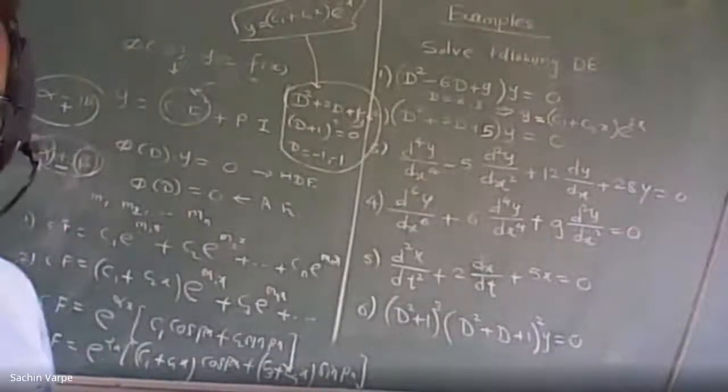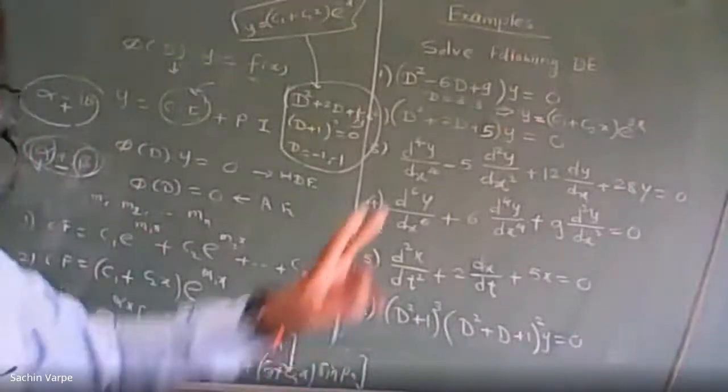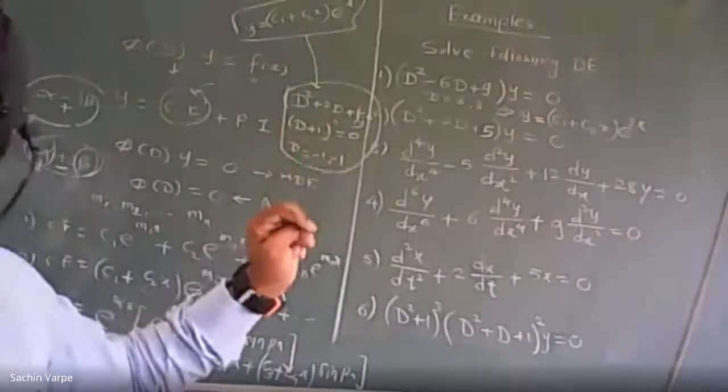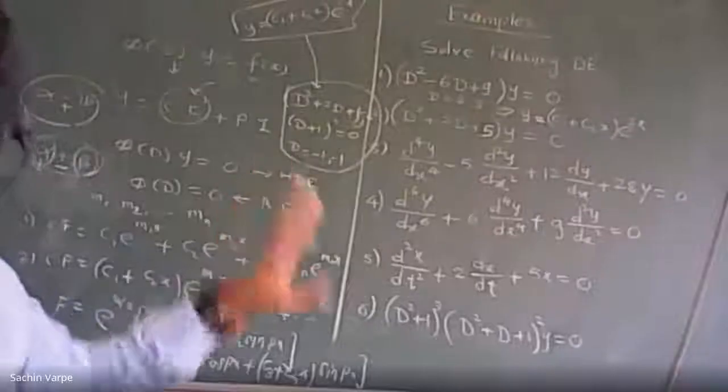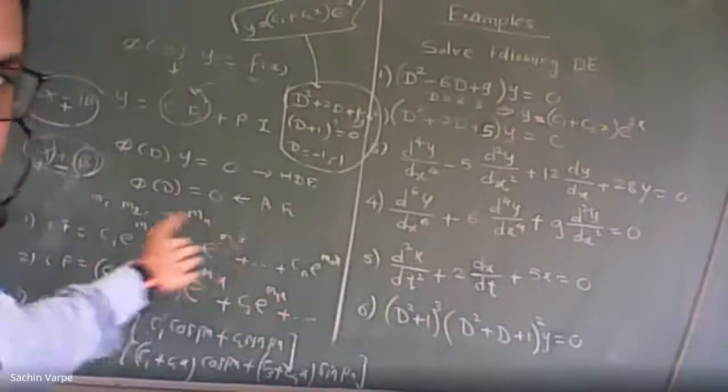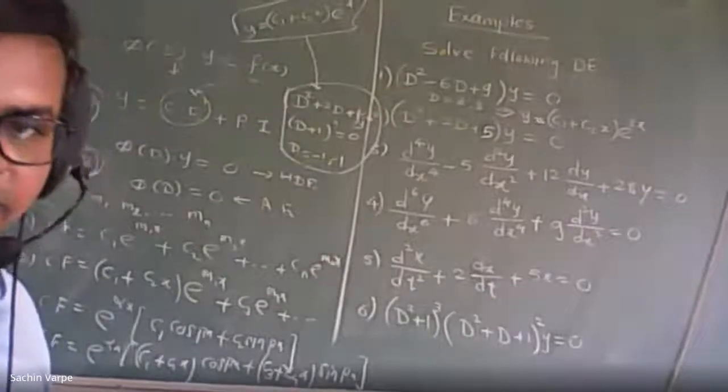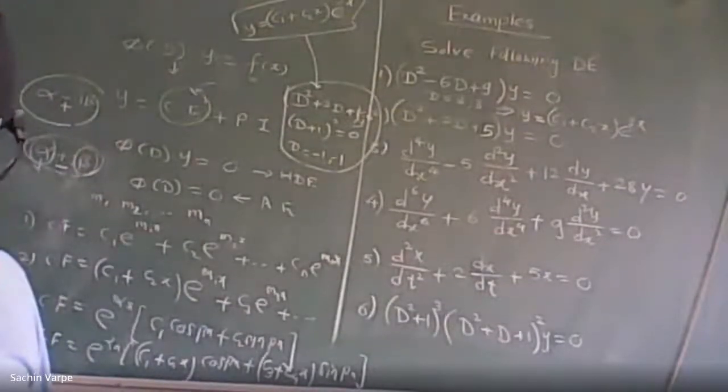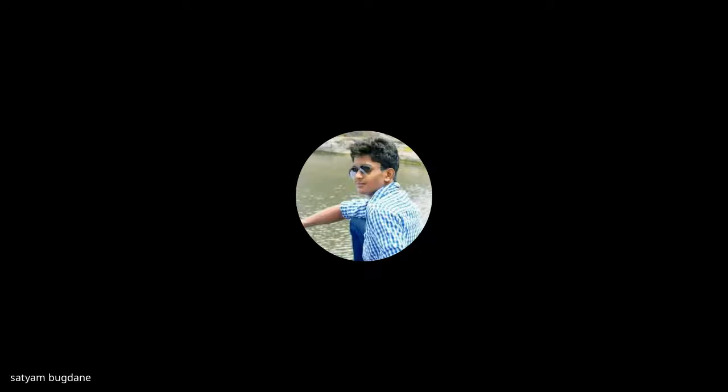So we must have two roots only, and those roots are 3. Two roots, yes, sir. So there must be two arbitrary constants in the complementary function, as I said. But in your complementary function, there are three arbitrary constants: c1, c2, and c3. Sorry, sir. I got it. So it must be c1 plus c2x only. Yes, correct it.